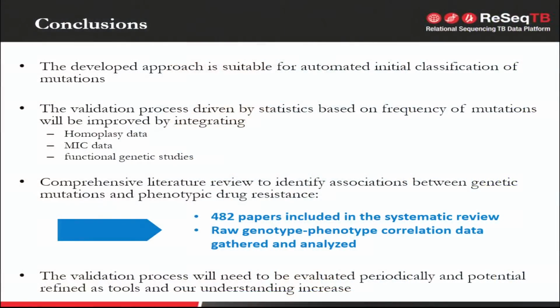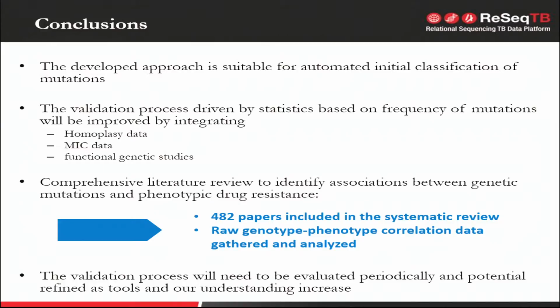So in conclusion, we developed a statistical approach that is suitable for automated initial classification of the mutation and can be easily improved by integrating homoplasy data, MIC values, and data from functional genetic studies. We already performed a comprehensive systematic literature review to identify not all the existing, but most of the existing associations between genetic mutations and phenotypic DST.